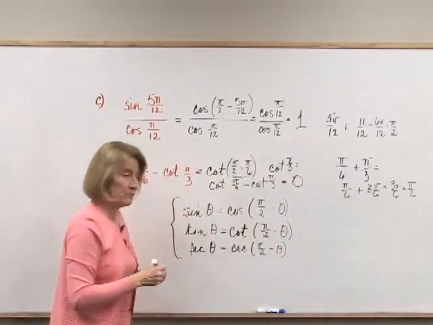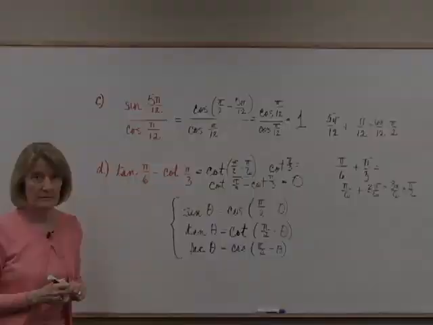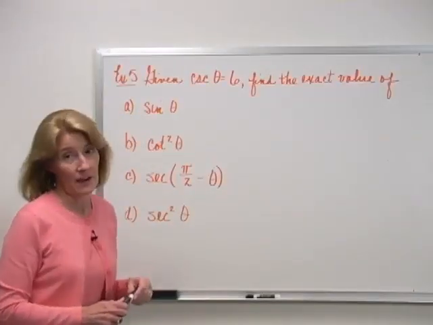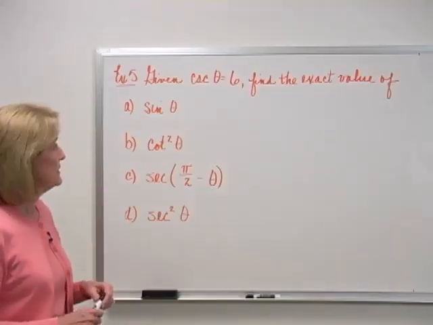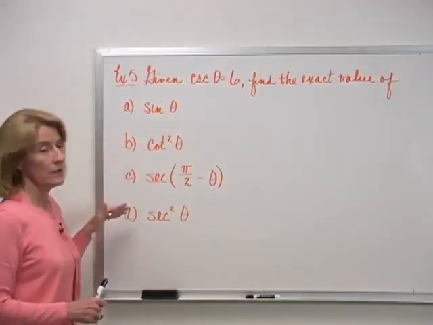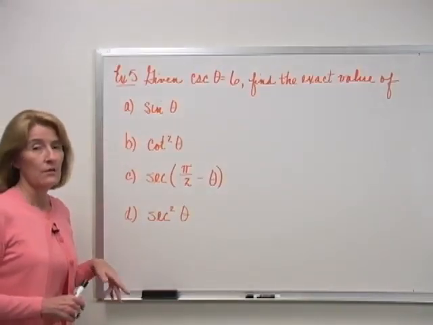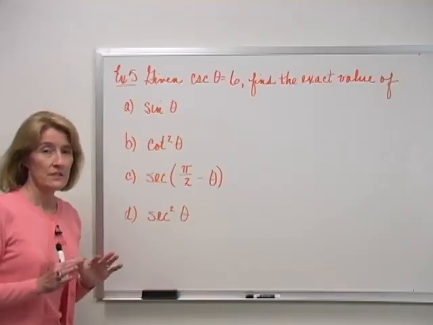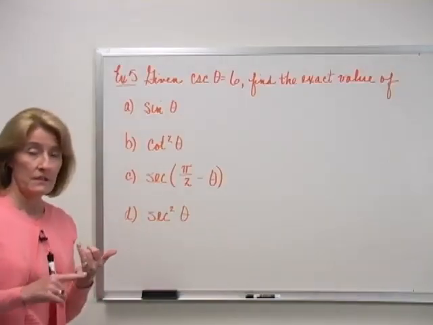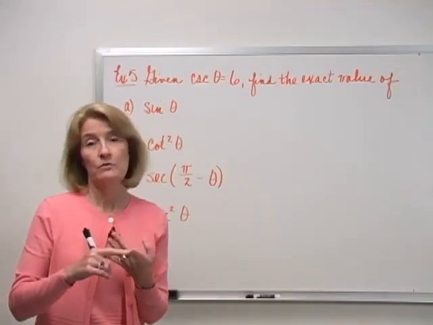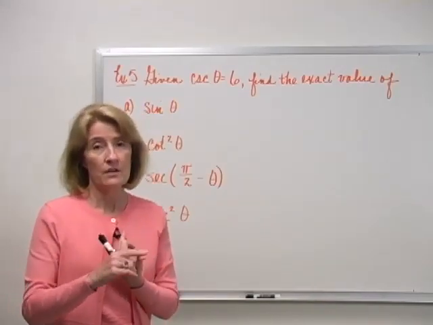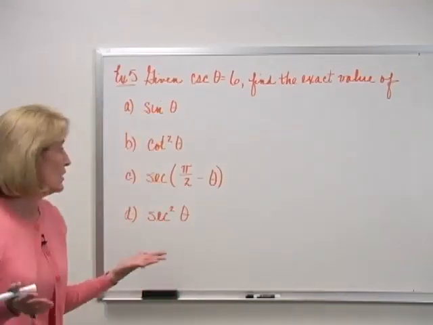Okay, now let's move on to another example. Example 5. Given the cosecant of theta is 6, find the exact value of these 4 expressions. Okay, now what you want to do here is use the most efficient method. So we have the definitions, we have the reciprocal, Pythagorean, and quotient identities, and then we have the cofunction of complementary angles relationships.